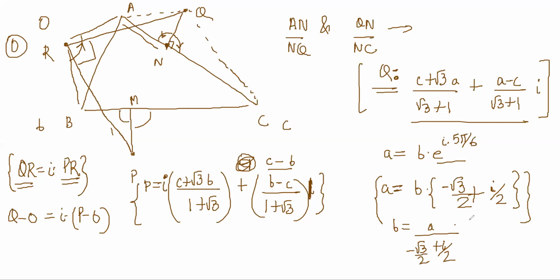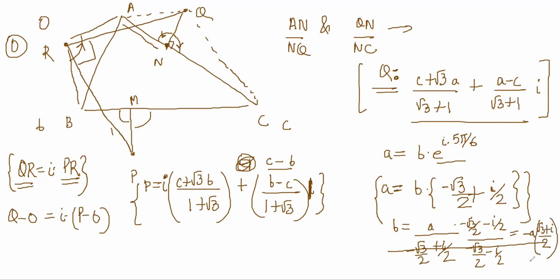Just rationalize it like this: minus root 3 by 2 minus i by 2, over minus root 3 by 2 minus i by 2. This part becomes 3 by 4 minus i square by 4, so it becomes plus 1 by 4. So 1, 1. This denominator becomes 1. And this becomes minus A into (root 3 plus i) by 2. Right?